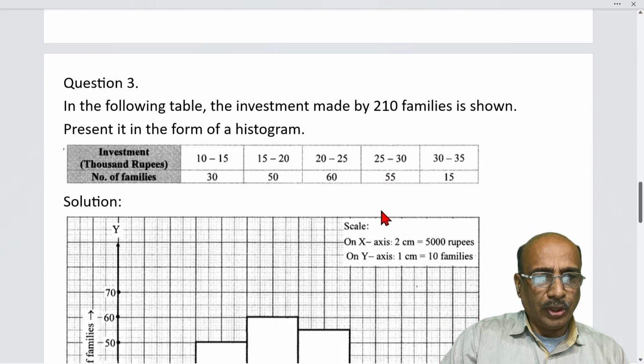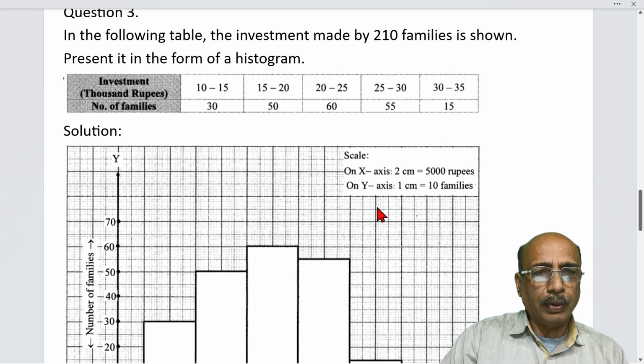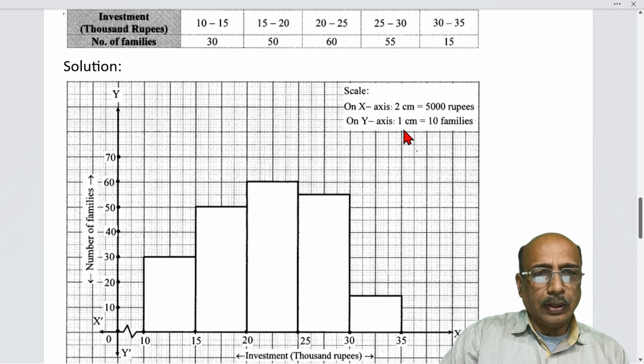Question number 3. In the following table, the investment made by 210 families is shown. Present it in the form of a histogram. Here continuous classes are given, but investment is in 1000 rupees, and the number of families, the frequencies, are given for each class. Now how to draw this?